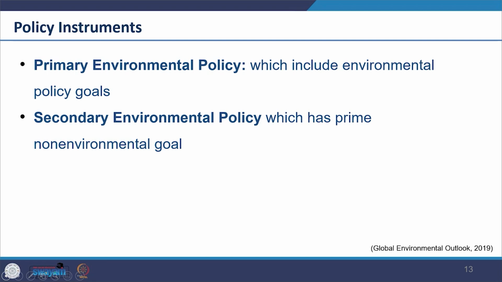Then we see secondary policy, which has primarily non-environmental goals. It is not really targeted at environmental goals, but it does contribute to reducing the burden on the environment. For example, when we reduce traffic congestion, we indirectly also contribute to handling environmental problems. These are called secondary policies.